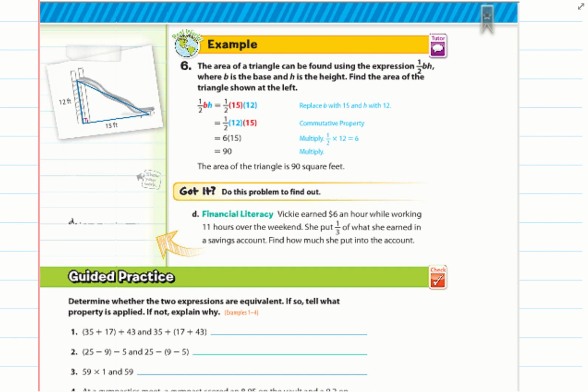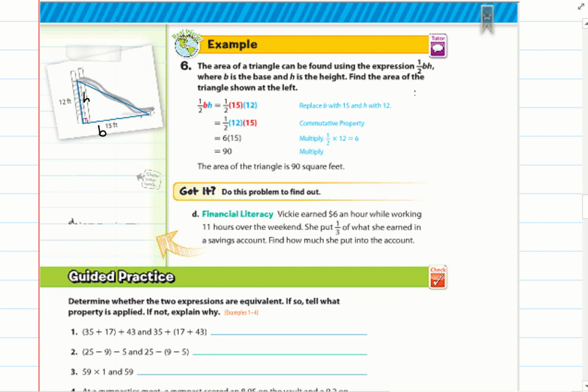Example 6. The area of a triangle can be found using the expression 1/2 times b times h, where b is the base and h is the height. Find the area of the triangle on the left. So the height is going to be here, and the base is going to be on the bottom.